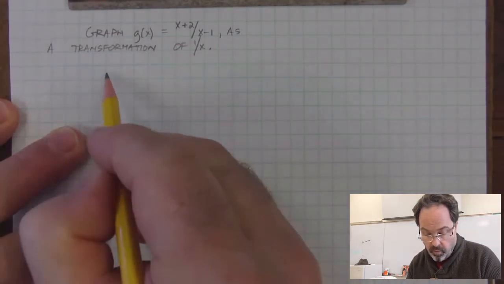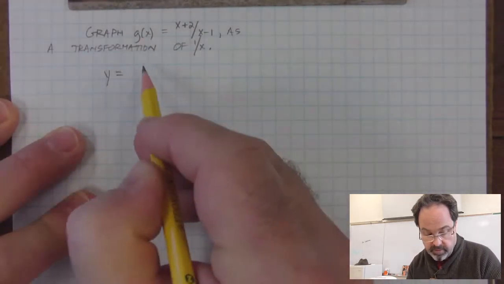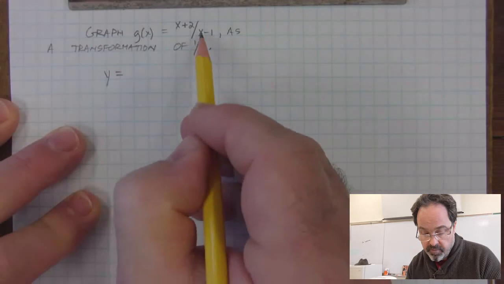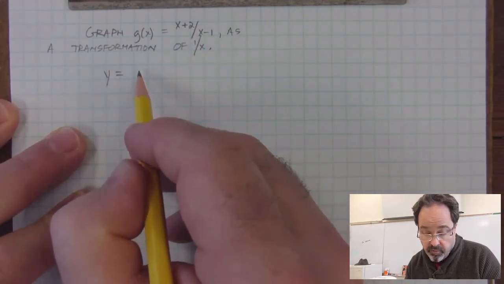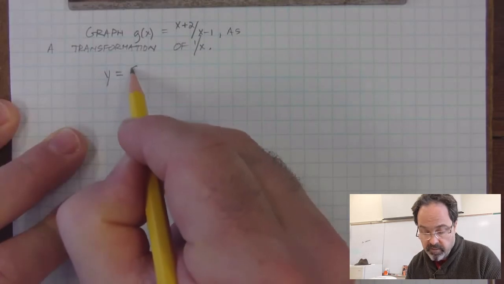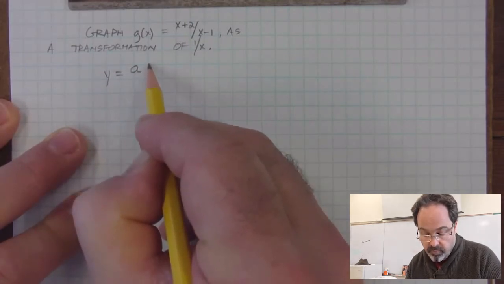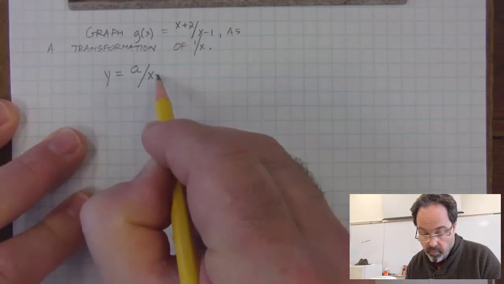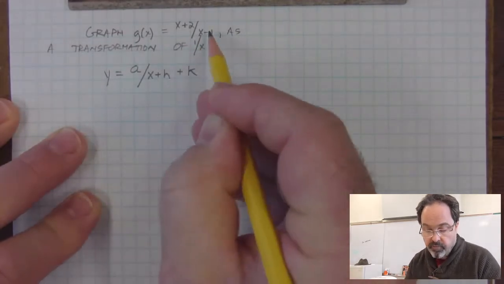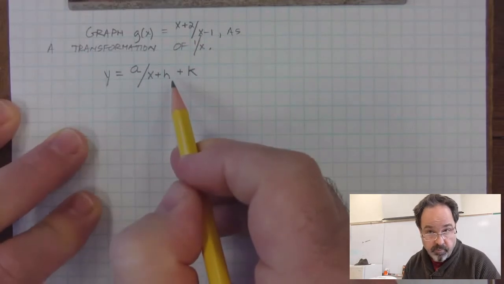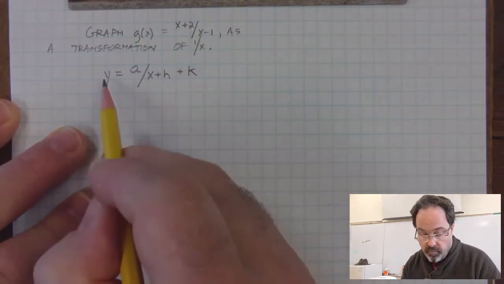So our concern now is thinking of this equation in the form of a transformation of 1 over x, which means that I'm looking to convert this rational function into this form. Why this form?